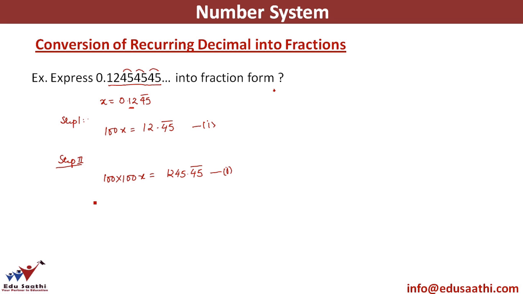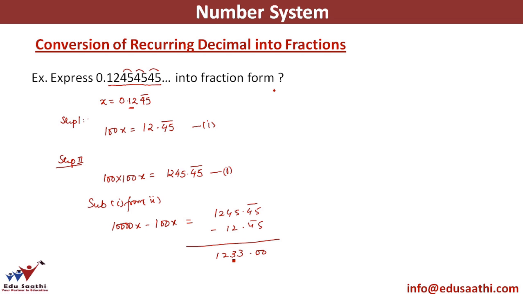Now I'll take this as the first equation and this as the second equation. I will subtract 1 from 2 and look at the result. So this is 10,000x minus 100x equals 1245.45 bar minus 12.45 bar. While I do this, after the decimal part, the things become 0. So I'm only left with the numbers before the decimal, which will be 1233, and here I have 9900x.